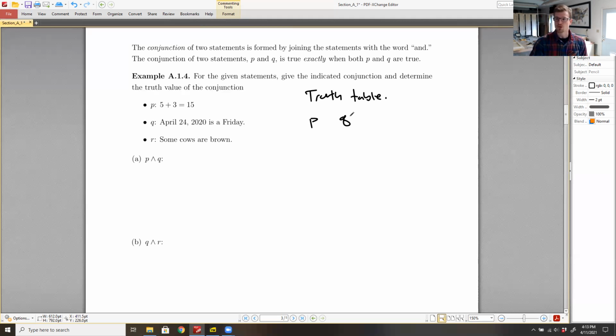P could be true, and Q could be true as well. But then I could still have P true and Q false, or P false and Q true, or P false and Q false.